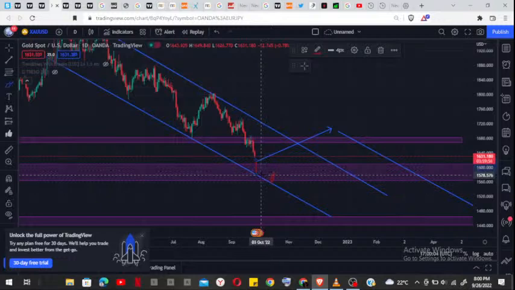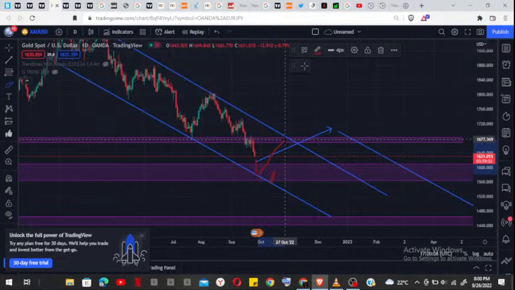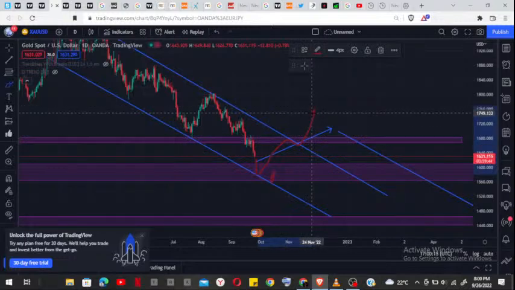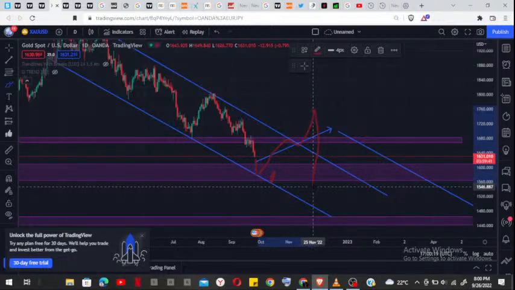Once that happens, we might see some resistance, like some pullback to this level over here. If it doesn't really break out going upwards, then we'll be looking for some further down movement.